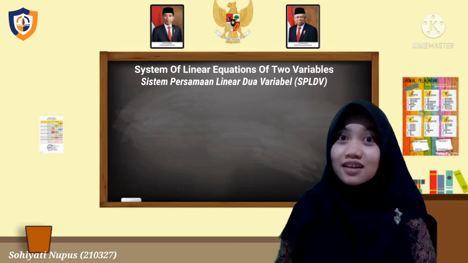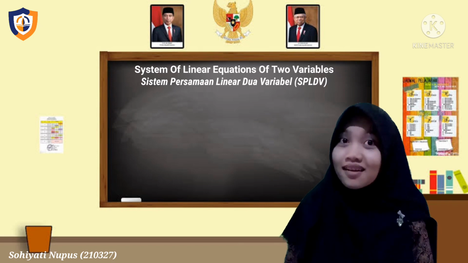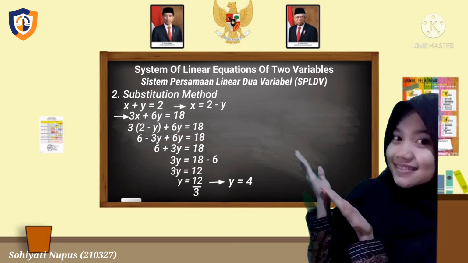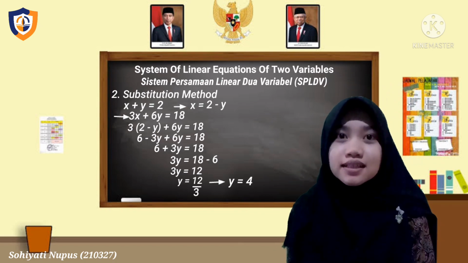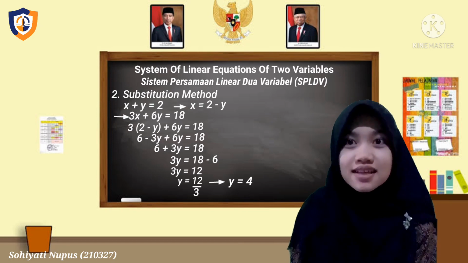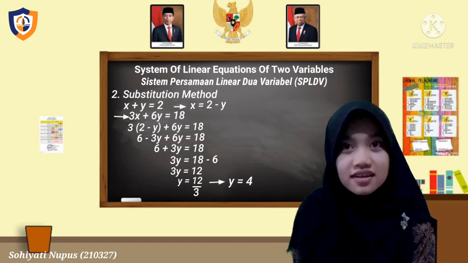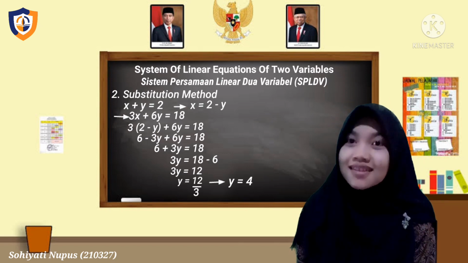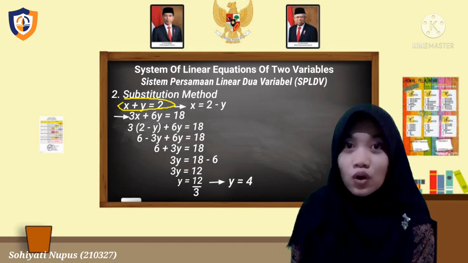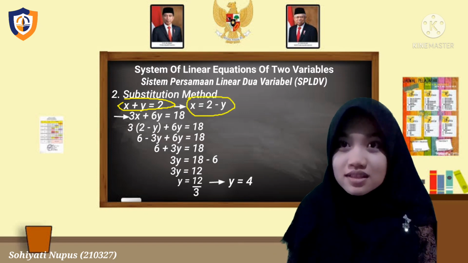Okay, the second way to solve a system of linear equations with two variables is the substitution method. Using the same equations, the difference is that with the substitution method, we change the first equation, x plus y equals 2, so that it becomes x equals 2 minus y.